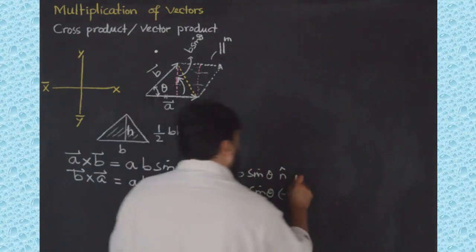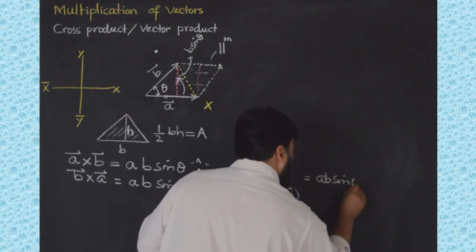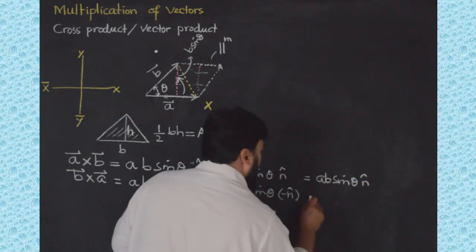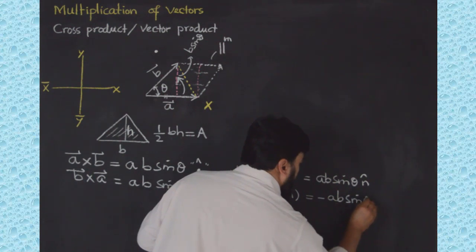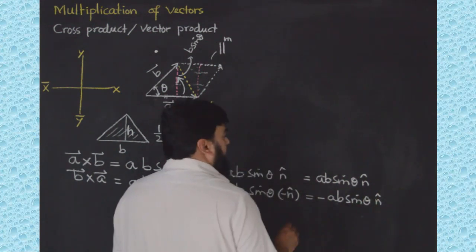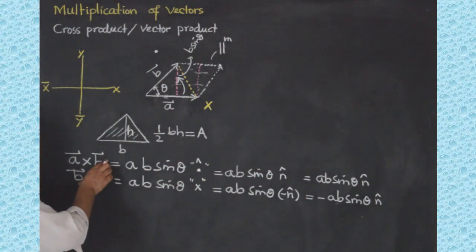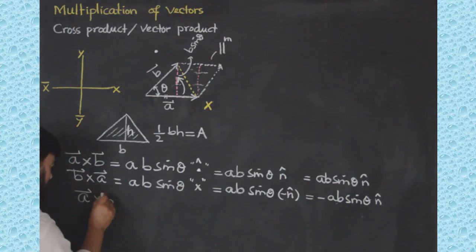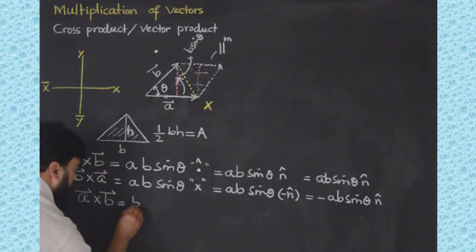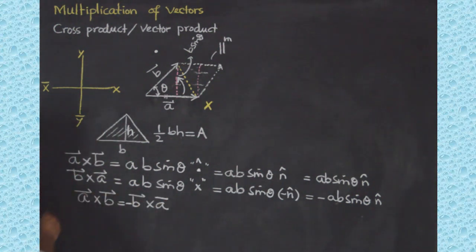So this is equal to AB sine of theta n hat, and this is equal to minus AB sine of theta n hat. So from here I can say that cross product is not a commutative relation. So A cross B here is equal to B cross A, but with a minus sign.